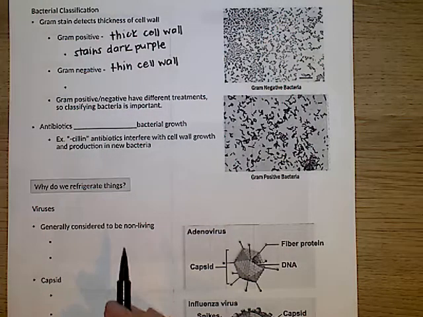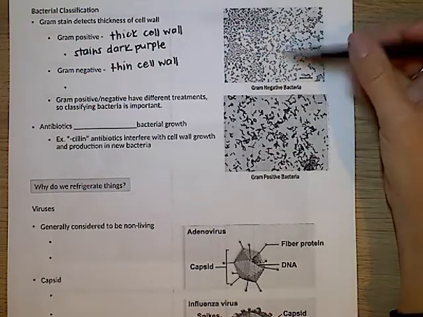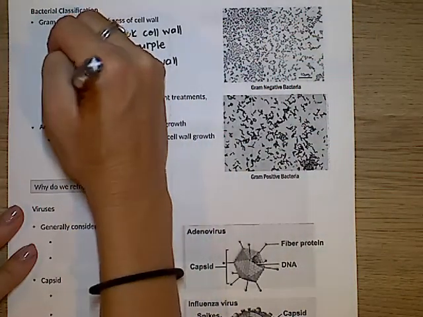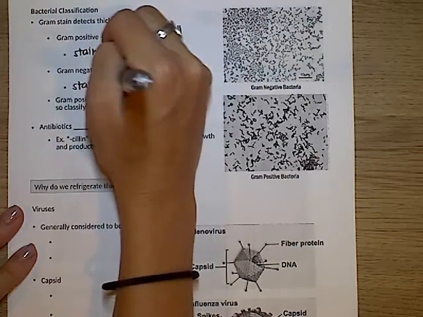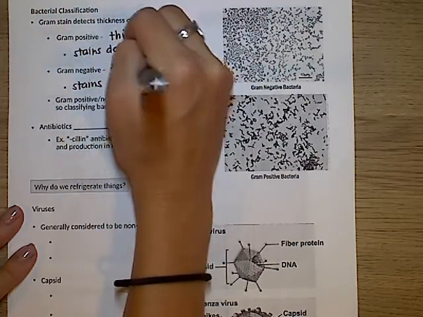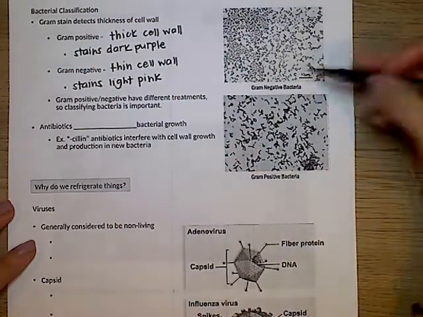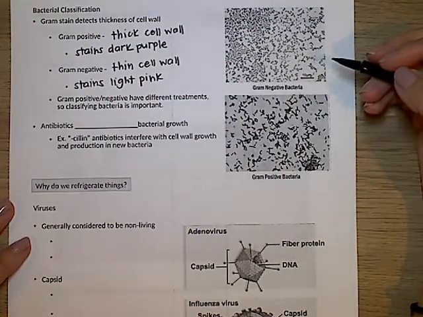Whereas the gram-negative bacteria stains light pink. Because it has that thin cell wall, it can't quite grab onto as much of the dye as the gram-positive can.